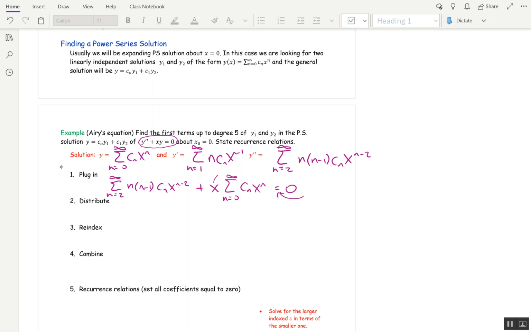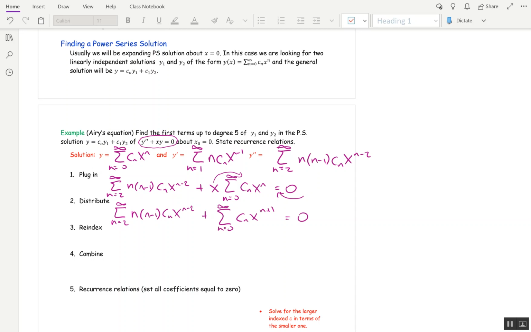Distribute. Okay, I need to bring that x in. There's nothing to do with the first expression. N equals 2 to infinity, so I'm just going to copy that down again. N times n minus 1 Cn x to the n minus 2 plus, okay, this next guy, the new exponent will be n plus 1, because x to the n times x is x to the n plus 1. So n equals 0 to infinity Cn x to the n plus 1, and that equals 0.